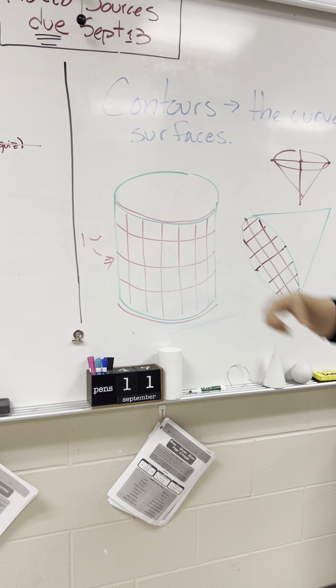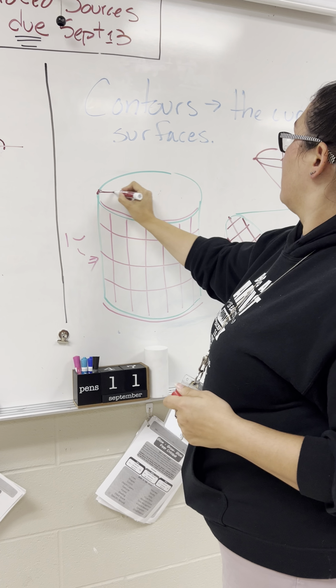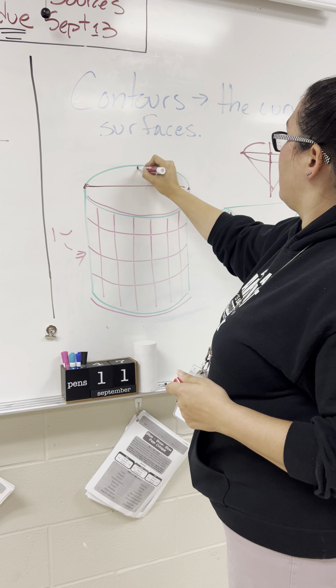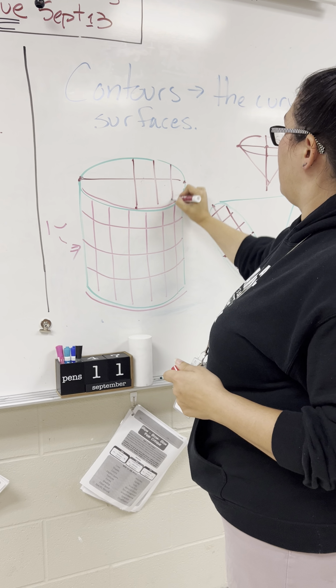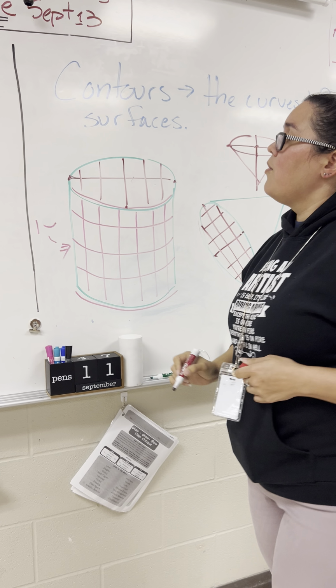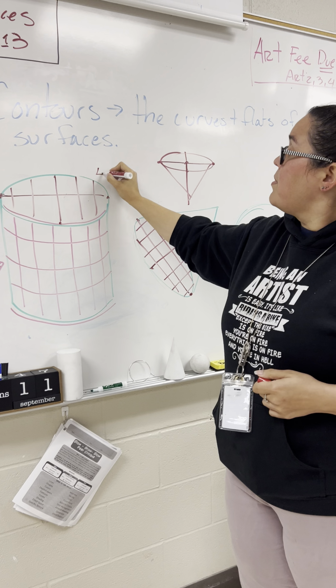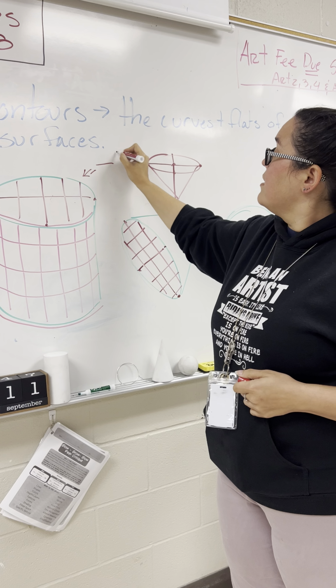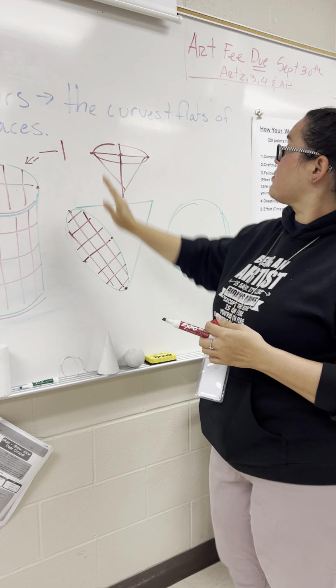Same thing applies over here. Those are our grids. So on our top side, our lines are verticals and horizontals.